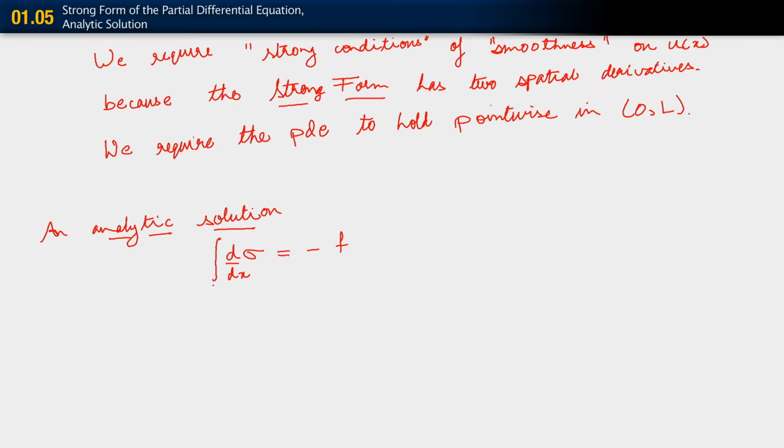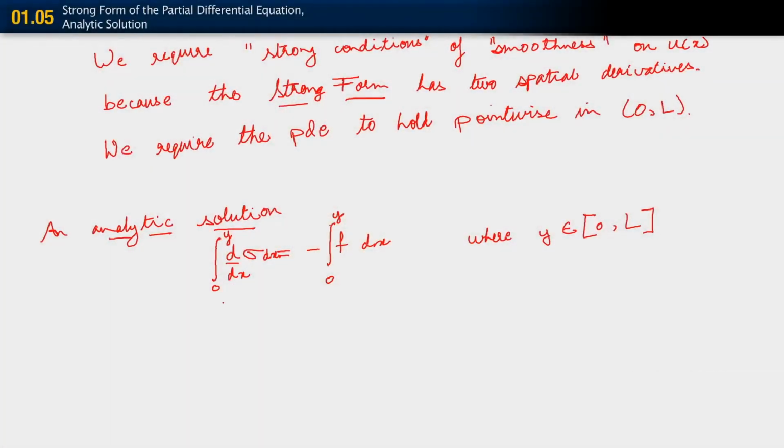Now I'm going to integrate this from 0, not all the way up to L, okay, but I'm going to integrate this from 0 to say y, okay, and here d dx, of course, and here I have the integral of f also over the same limits, 0 to y, dx, right, where y belongs to the closed interval 0 to L. Importantly, in solving this PDE, we do not want to integrate all the way up to L, right?